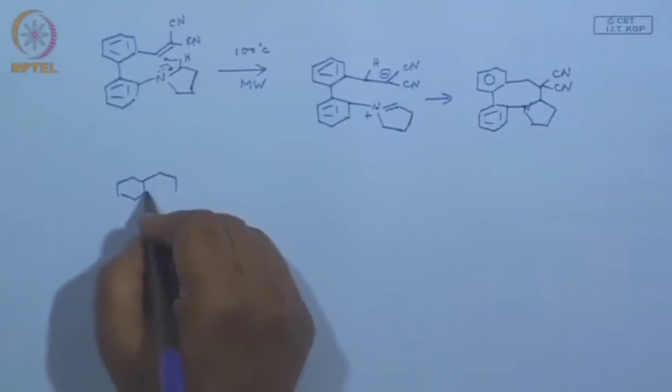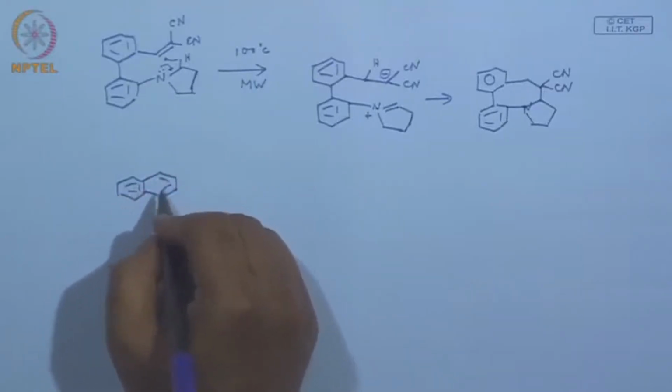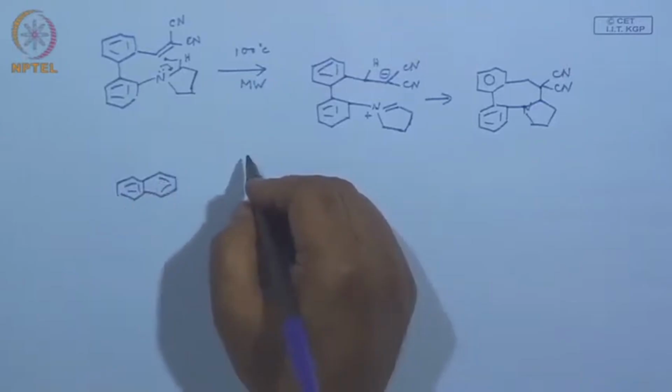Now the next example is for a 7 membered ring system, and in this case it is a naphthalene case. From naphthalene, if you want to make a 7 membered ring, what can you do?